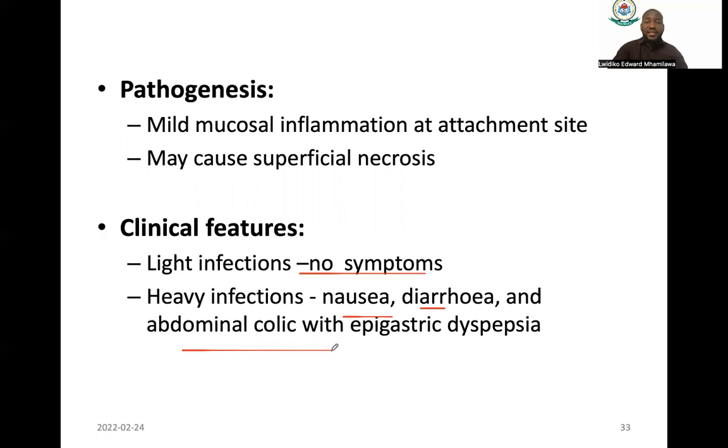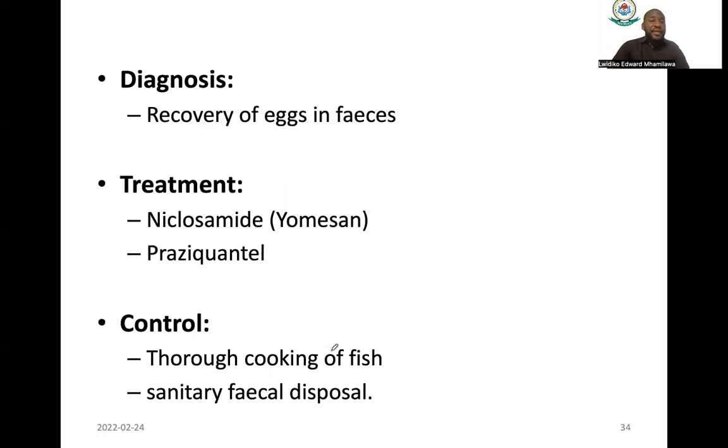They can usually find these eggs, and that's how you get diagnosed, but not necessarily when they're symptomatic. Diagnosis: find the eggs in feces, which is your basic microscopy. Treatment: praziquantel and niclosamide. The control: cook your fish, don't defecate in the lake or places where fish are found. And then again, molluscicides.